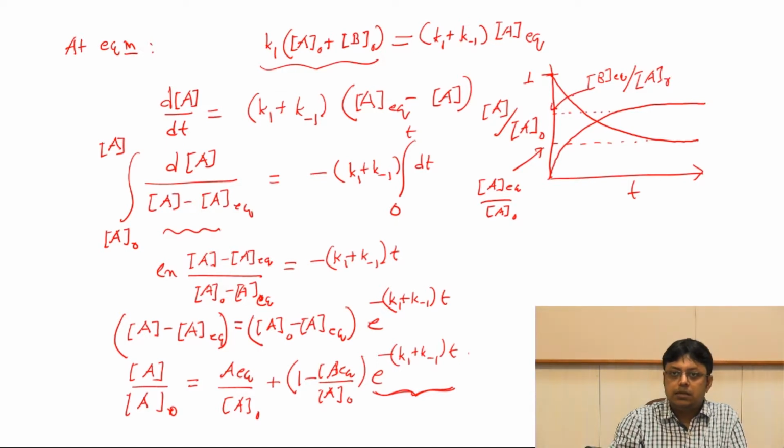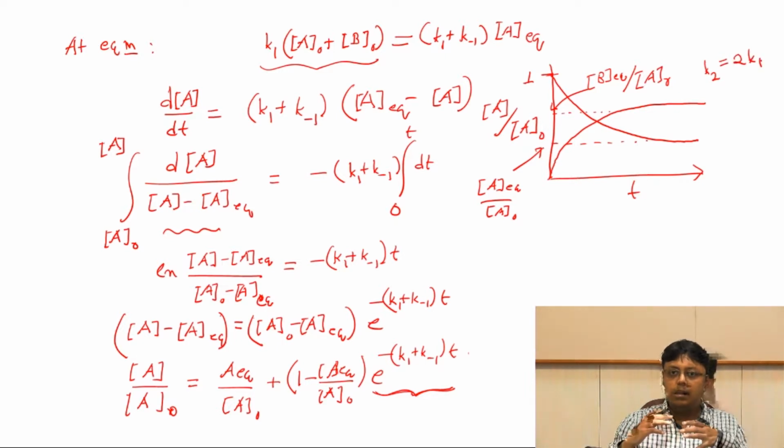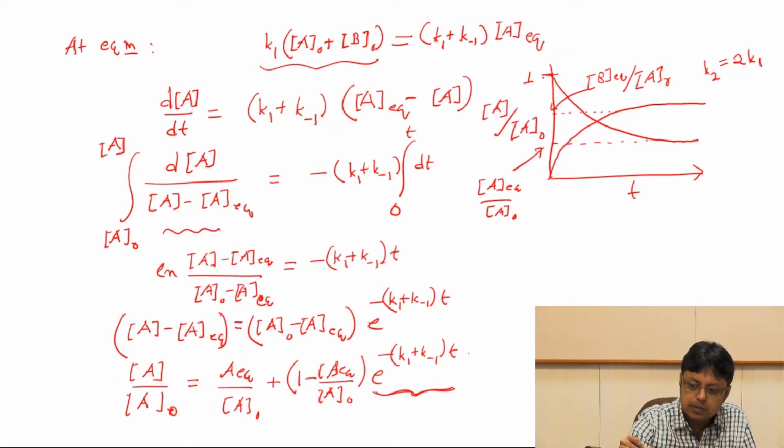Now suppose that we know that the equilibrium concentrations will be given by the ratio of the rate constants, and suppose K2 is twice K1, which means at equilibrium the ratio of B to A is 2 to 1, or B equilibrium divided by A equilibrium will be 2, or B equilibrium by A0 divided by A equilibrium by A0 will also be equal to 2. So you can think that this is a normalized plot because everything is normalized with respect to A0.